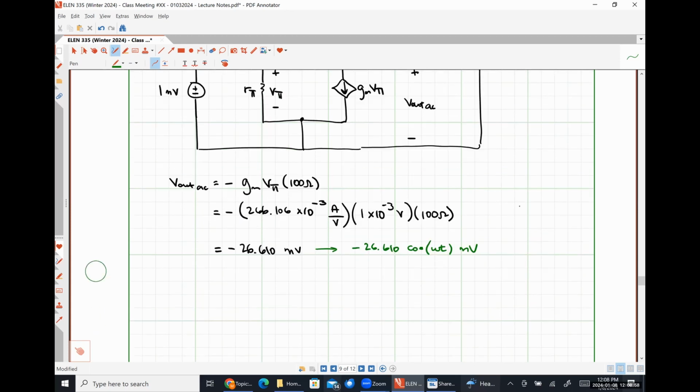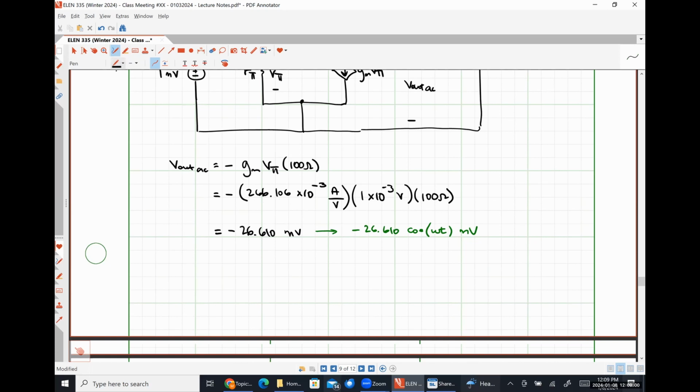So our small signal voltage gain is V out AC divided by V in AC, which in this case comes out to be negative 26.610. It also happens to be just negative GM times the resistor that we put between the supply voltage and the collector terminal, negative GM RC.